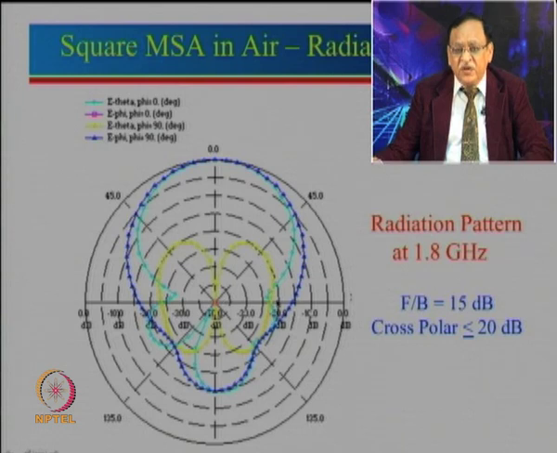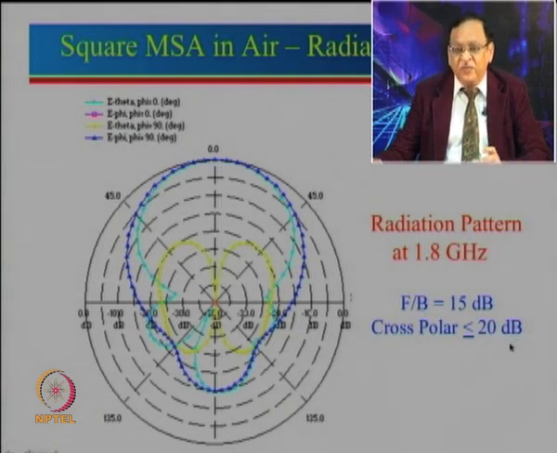You can see this yellow curve here, which is actually nothing but cross polar. The cross polar level here is approximately 20 dB. Now, if you recall, we showed you the simulation for a thin substrate also, and there the cross polar level was about 27-28 dB. Here cross polar level is more.